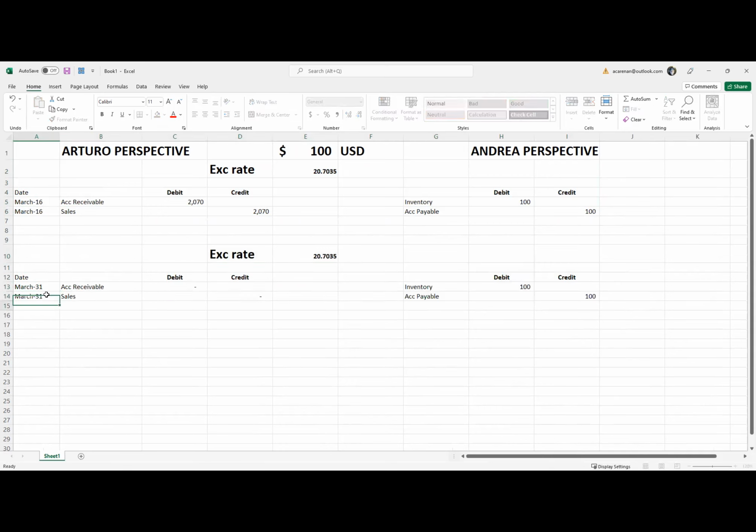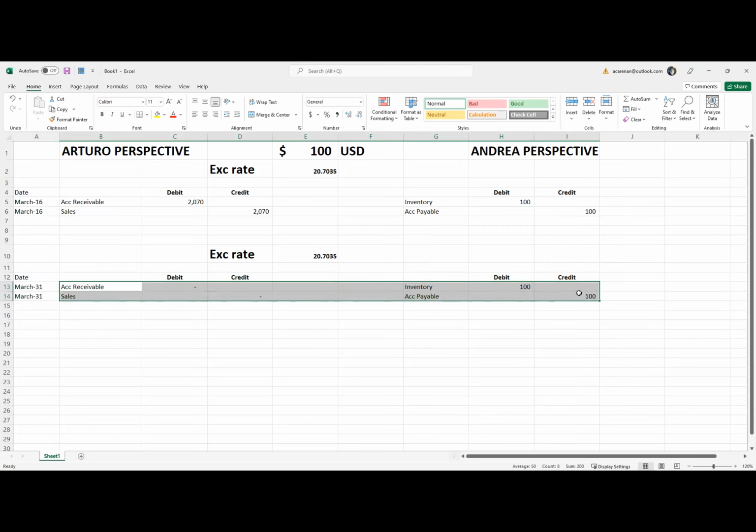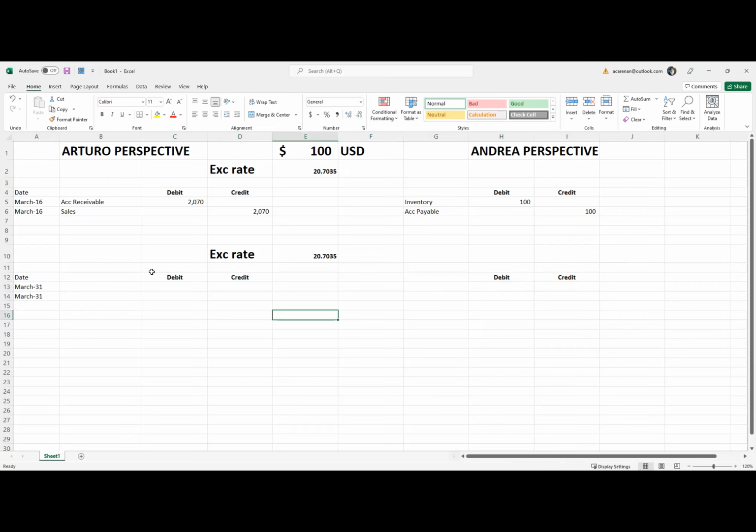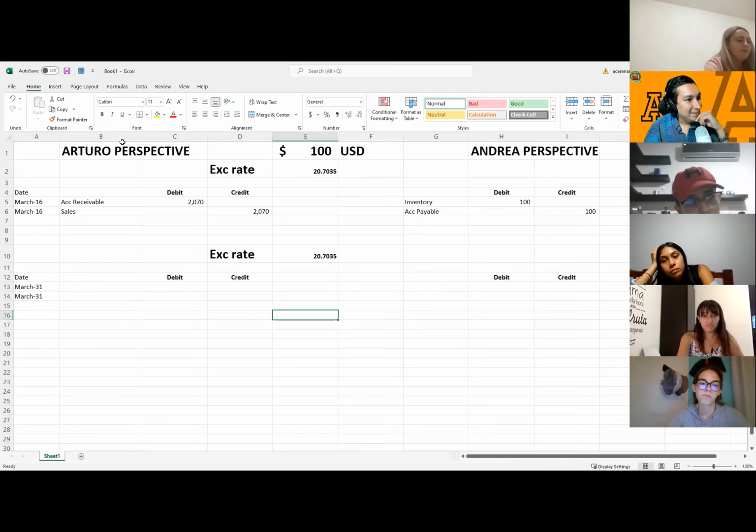Why do I have a transaction on March 31st? Who can explain it to me? That's the fun part.